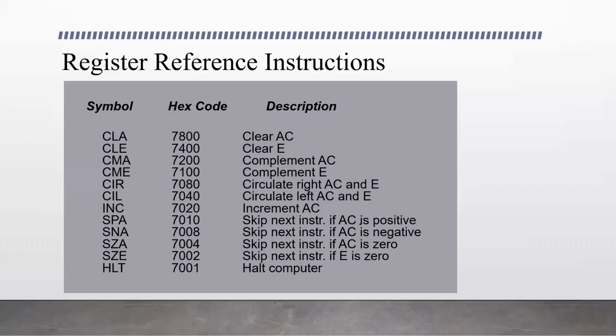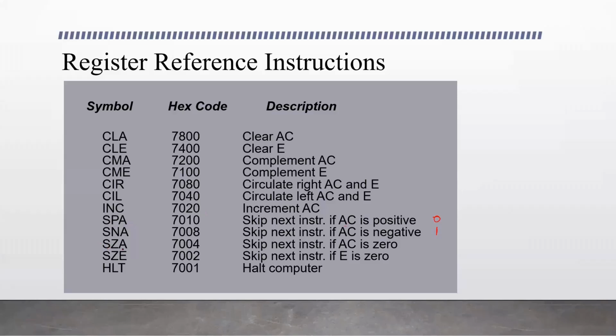If AC is positive, the leftmost bit of AC is checked. If the leftmost bit is 0, it is positive. If the leftmost bit is 1, it is negative. These instructions are used to skip the next instruction.